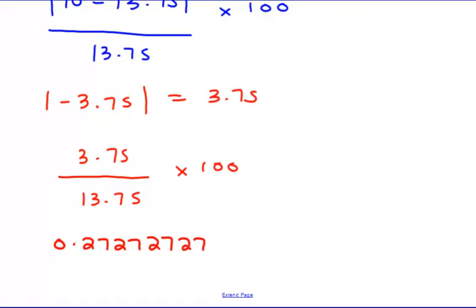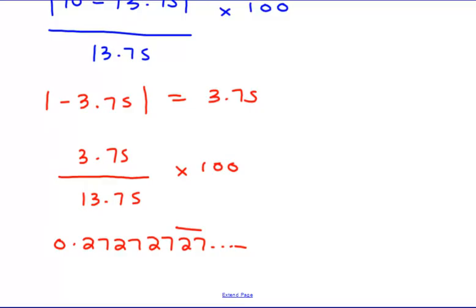And it's going to look something like this, but it's going to keep going on forever because it is repeating. Now, we're going to still multiply it times 100, and that is going to give you, once you round it to the hundredth spot, 27.27%.